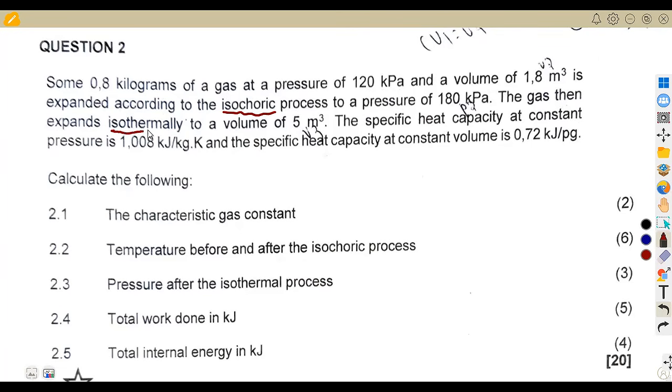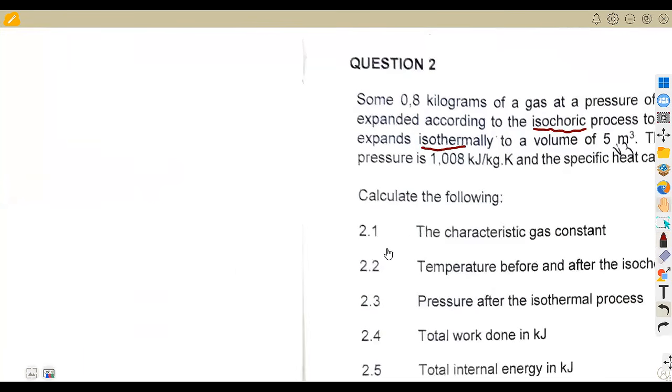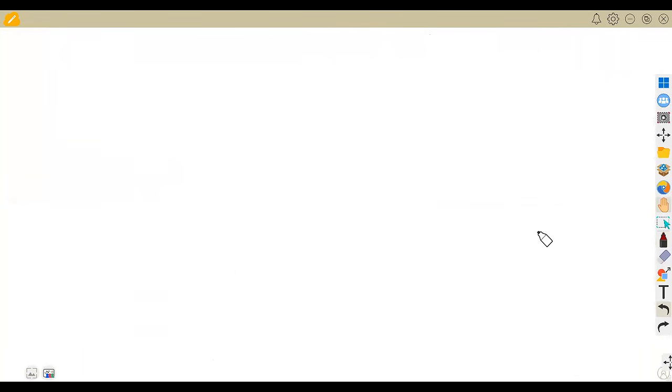So there are two expansions here. We've got the first process, then the second process, the isothermal, whereby we have a constant temperature. So we've got two processes happening here. Let us try to indicate them properly.